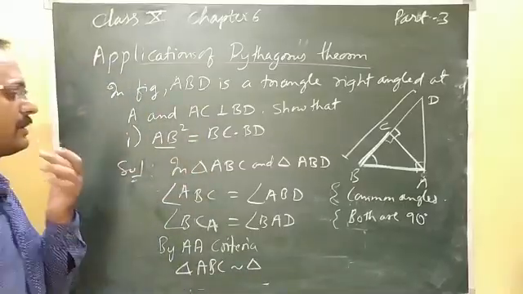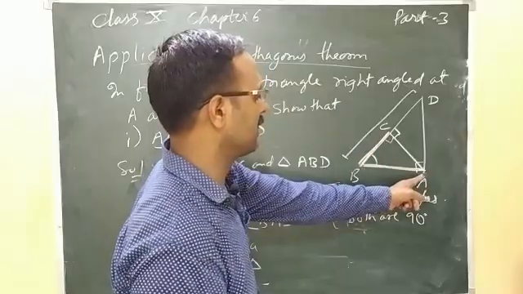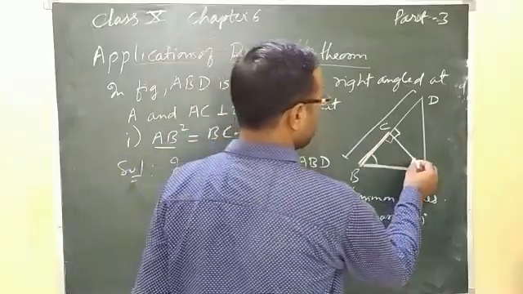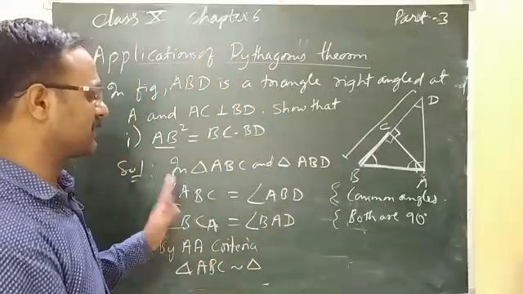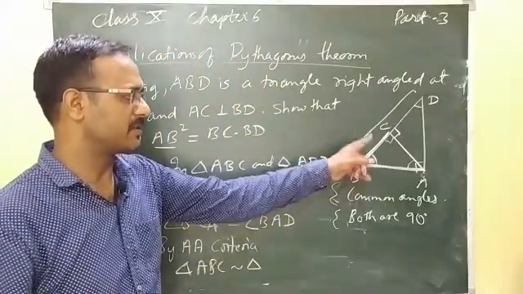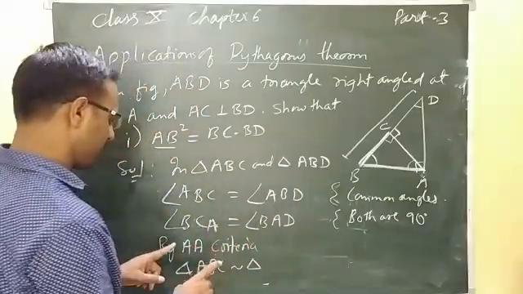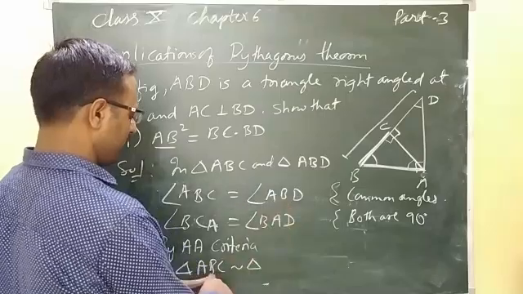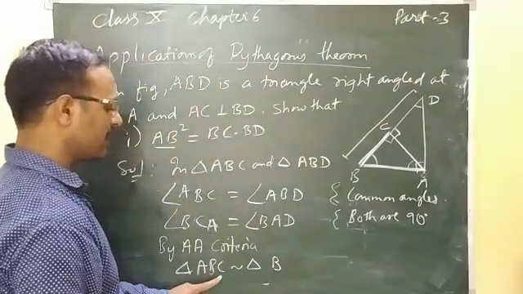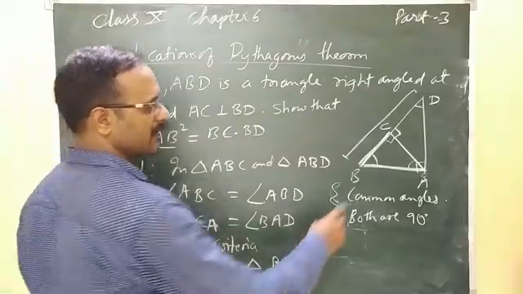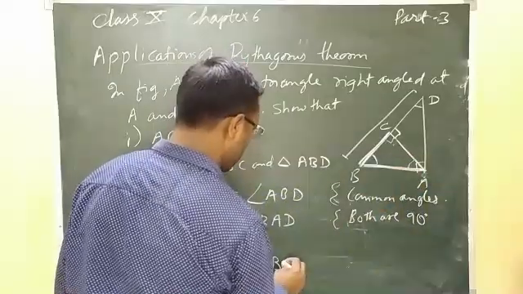Now, the corresponding points: for A in this small triangle, this angle will be equal to which angle? The remaining angle. Let us see the other angle first. Angle B was equal to angle B only, so in place of B we get B in the middle, and C was 90 degrees in the smaller triangle, and in the bigger triangle angle A was 90 degrees.